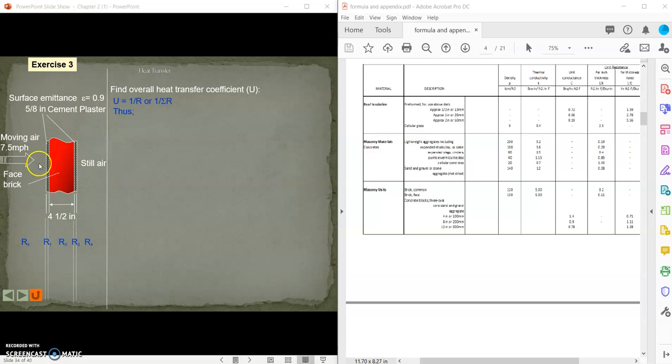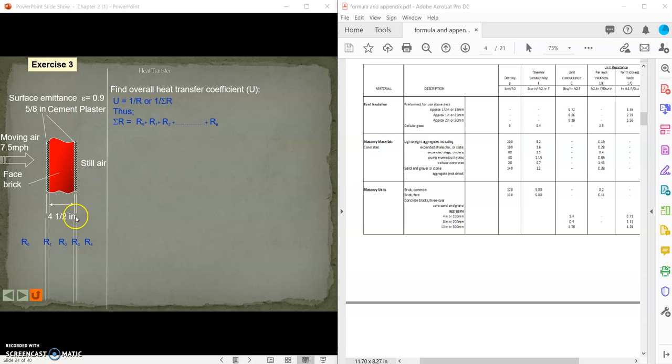This is the outside, and then we have the cement plaster here with the thickness 5 over 8 inch. Then we go to the face brick here, 4.5 inch thickness. Before going inside, there is also cement plaster with 5 over 8 inch thickness. And then there is still air inside.